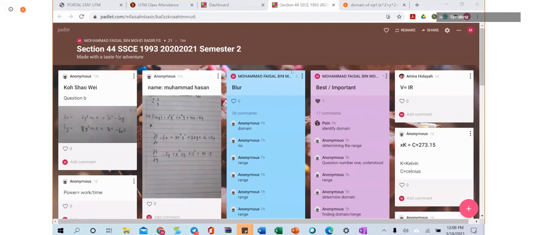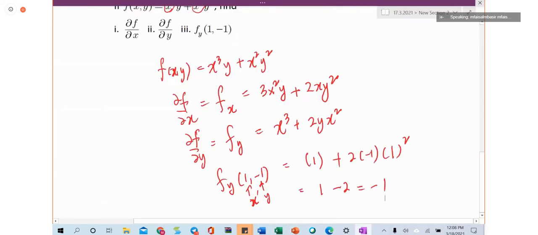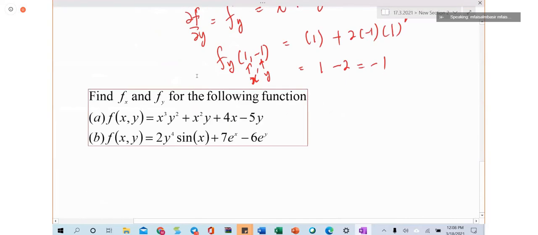Okay, thank you, Hassan. So let me do first, and later we check the answer. So if I do here, okay, so for A, fx for the following function will be 3x squared y squared plus 2xy plus 4, and then there will be 0.